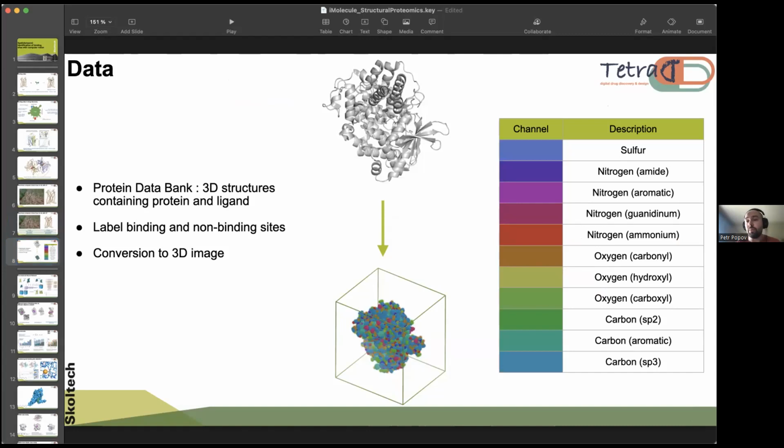We came up with atomic typization, where the color corresponds to a specific atomic type in the protein structure. Here on the right you can see our coloring code. For example, sulfur has a separate channel, nitrogens have separate channels, oxygens and carbons. Once we introduce this color scheme, we can convert the initial protein structure into a 3D image, which is a 4D tensor.